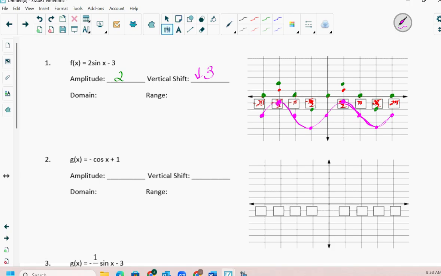All right, let's pause there for a second. I know you can't read all my labels anymore, but after stretch by 2, take the green dots and move those down 3. Yep.